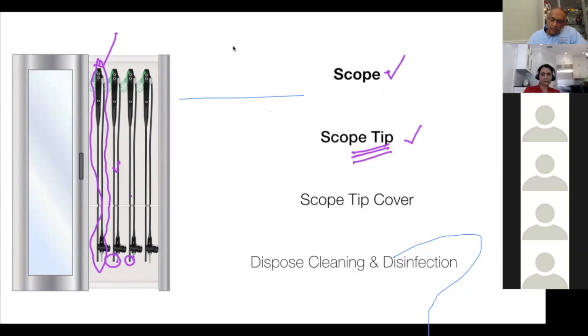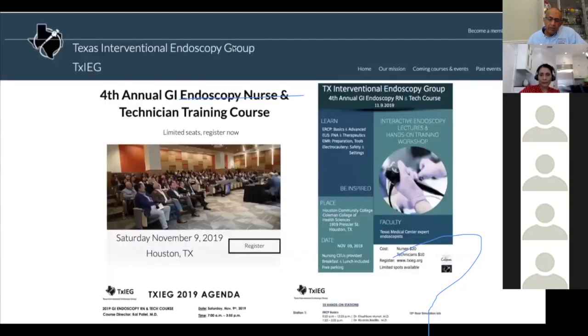So this is another concept. Then you continue to do the same thing, but you make sure that you train your people so that every scope that comes out of the unit is absolutely clean and dry, knowing that there's going to be human error.